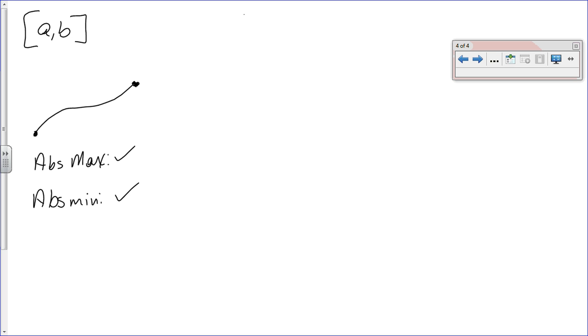What about if it's open on one side? Right, so it doesn't include the B. So our graph may look like this, but then we'll have an open circle. This is A, this is B. Are we going to have an absolute max? At first it might be, well, yeah, because it stops there. But this doesn't include B, so it's going to get infinitely closer to B. So you could give me a number, and I could find you one higher, and then you could find one higher, and then I could find another one higher.